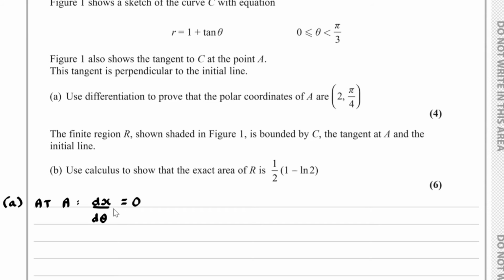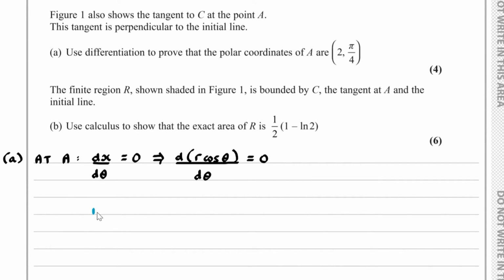Now, if we have dx over d theta equaling 0, what this is the same as is differentiating r cos theta with respect to theta and setting the result equal to 0. Now, we know what r is, that's 1 plus tan theta, so we can replace the r here with 1 plus tan theta.